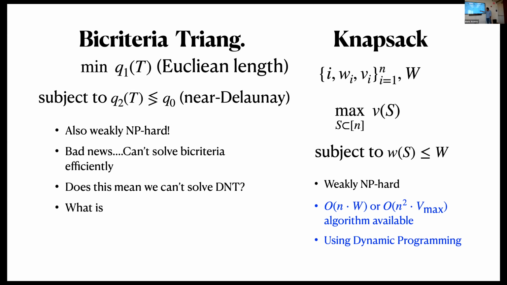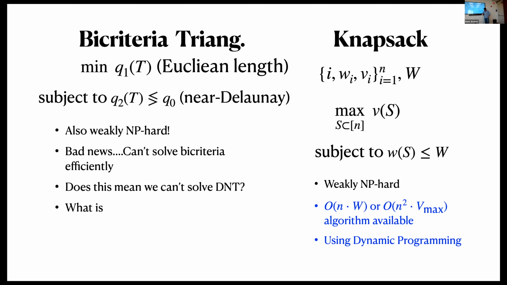And again, this is not polynomial because to specify W or the values, I only need log of that many bits. And these algorithms are dynamic programming. So you set up a table and the final value of the table gives you this value.